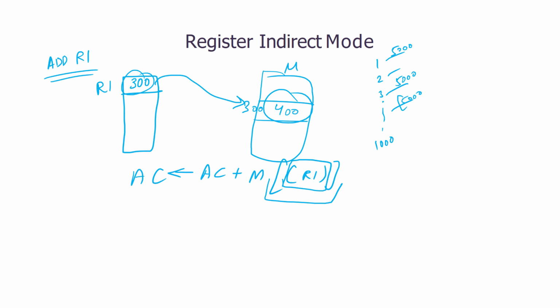So instead of using the address 5000 again and again, we will use some register which will hold the value of 5000 by using the register indirect addressing mode, and we will use that register again and again. So the cost of going to that location again and again is reduced by saving that value into one register.